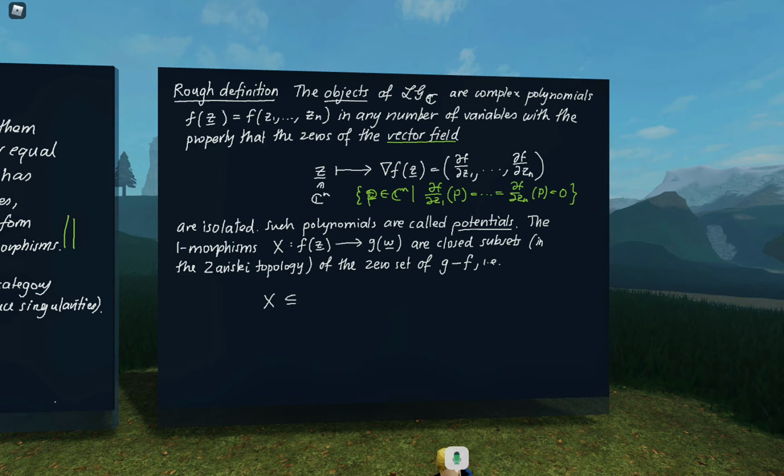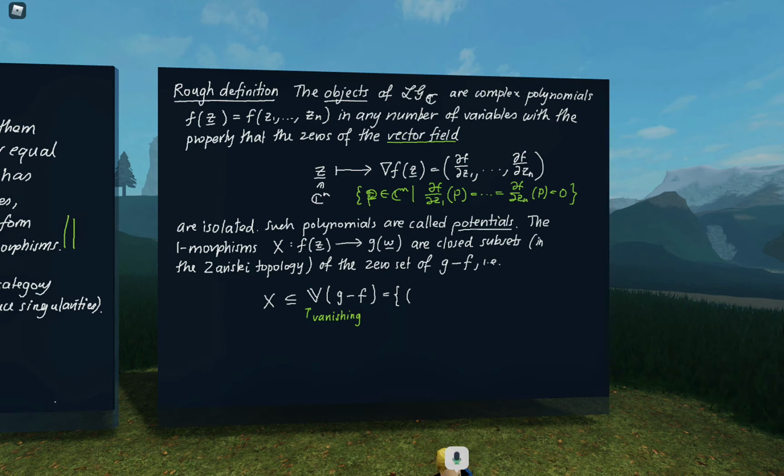So X is a subset of, I'm going to use V for vanishing. What this means is take a polynomial and take all the points where it's 0. Now, in this case, G and F depend on different sets of variables.